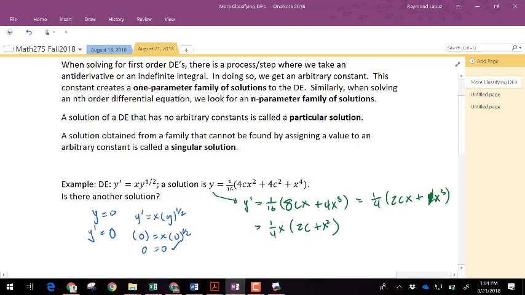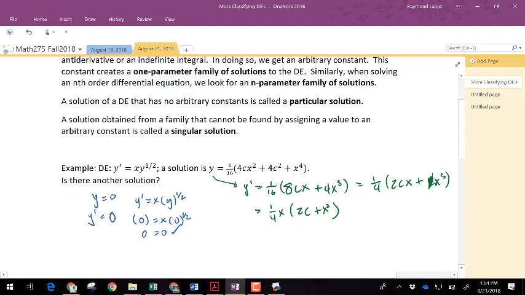That would be the left-hand side. On the right-hand side, we were supposed to have x times y to the 1/2 power. I wonder what x times y to the 1/2 power is. So that's 1/16, 4cx squared plus 4c squared plus x to the 4th, to the 1/2 power. See if we can simplify that.